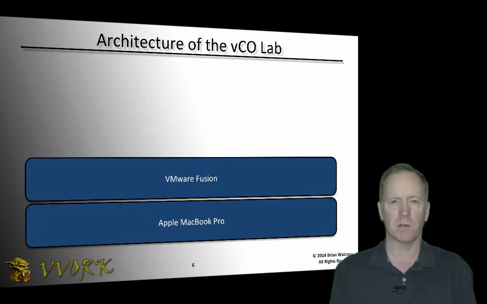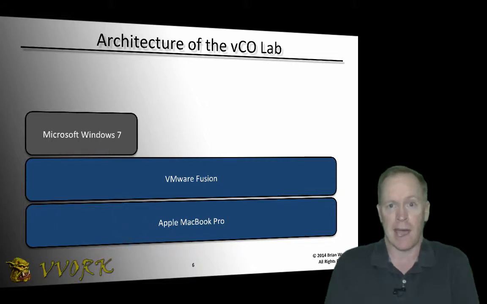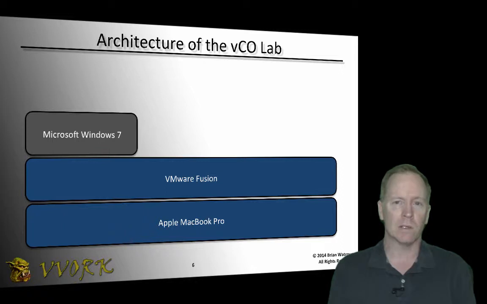Now I run VMware Fusion in order to be able to create and run virtual machines, such as this Windows 7 VM. Now in this lab that I'm building in this video series, I happen to be using Windows 7. You don't have to use Windows 7. I use Windows 7 because I already had a virtual machine that had Windows 7 in it. Other versions of Windows should work equally well.